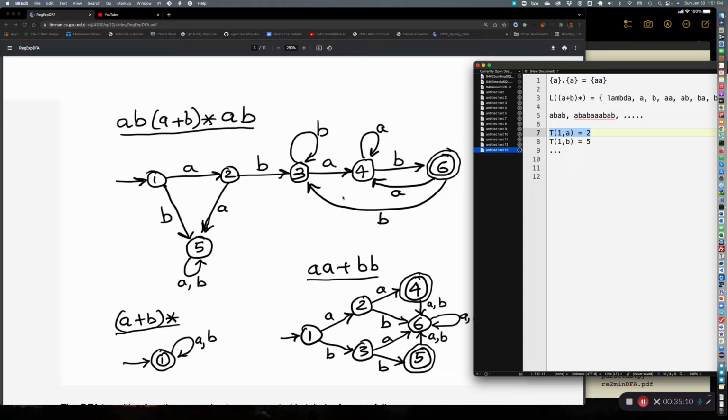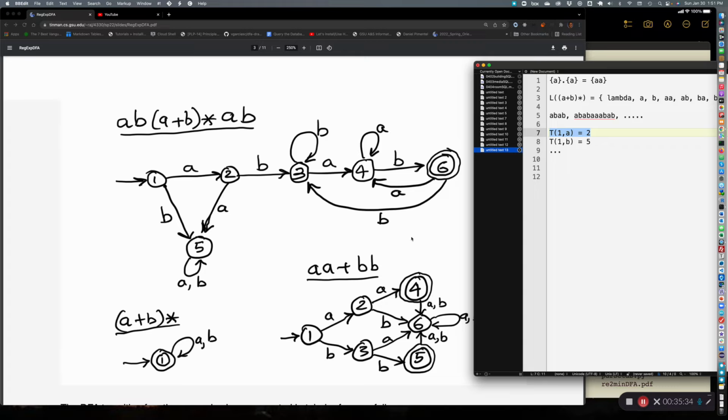So you can have such transitions. There are quite a few of those, you can see 1, 2, 3, 4. And sometimes when there are two transitions on both A and B back to itself, we put a comma. This comma is really a shortcut for two different arrows starting from 1 and going back to 1, one labeled A and one labeled B. So that's just a short notation.